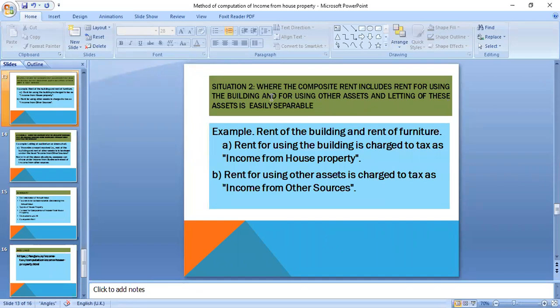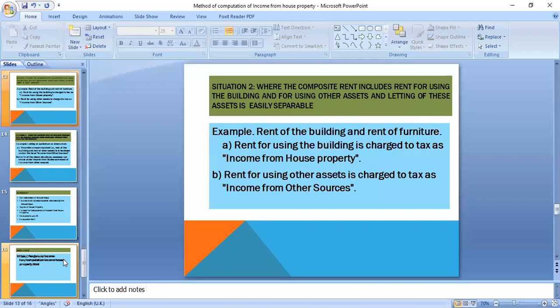In such a case, whatever rent you collect for letting out the house will be taxed under income from house property.